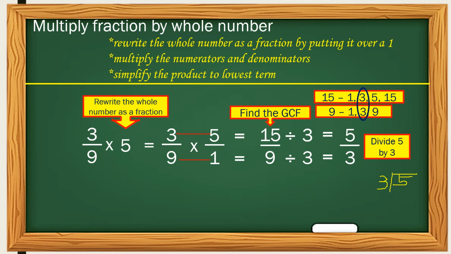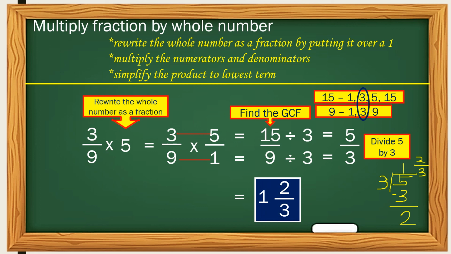So, meron tayong 1. 1 times 3 is equal to 3. 5 minus 3 is equal to 2. So, 2 is the numerator. Then, the divisor is 3. Okay? So, ngayon, our final answer is 1 and 2 over 3. So, ayan pong sagot natin.